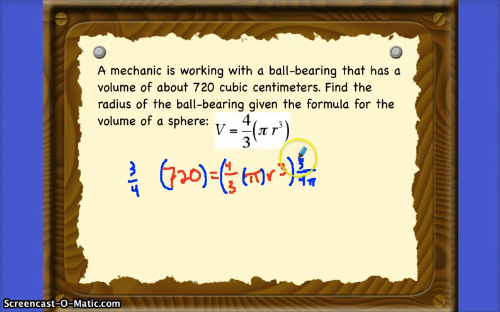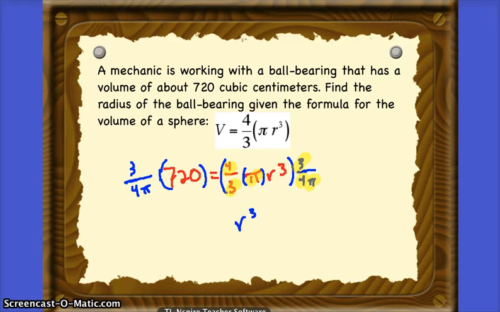That will cause the 3 on the top to cancel the 3 on the bottom, 4 cancels the 4, and the pi divided away, all those things will disappear as long as we also multiply by pi, again in the denominator, so make sure we note that correctly. If we're making that fraction, put pi in the denominator over here.